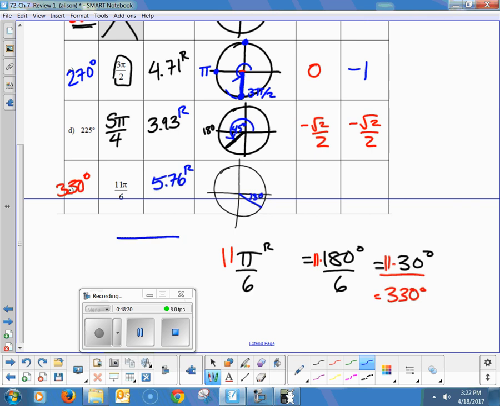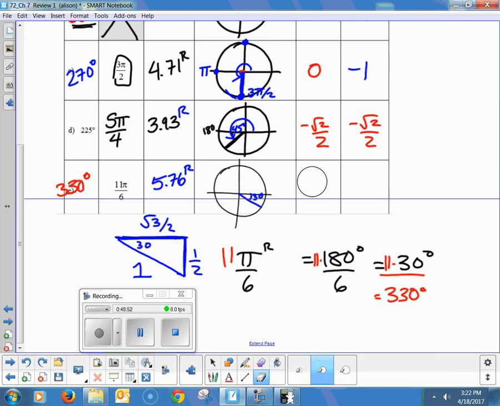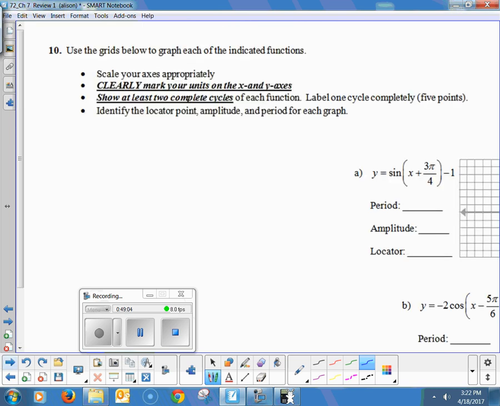So drawing this bigger, we have again a 30, 60, 90, where we do know the sides. This hypotenuse is 1. The short side, if it's drawn to scale, is a half, and the long side is root 3 over 2. So we can find the cosine. Cosine is the x value, which is forward root 3 over 2. I don't know why I was drawing negative, because it's a positive root 3 over 2. And the sine is that y value, which is down, so it's negative 1/2. And that is the end of that problem.